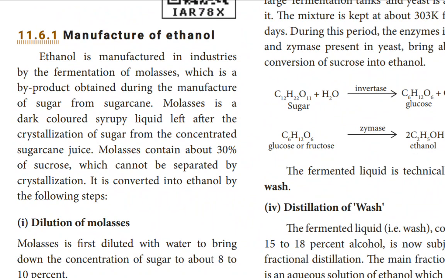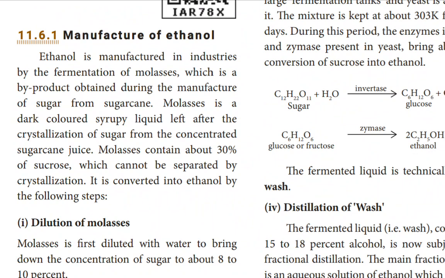Another simple one. Sugar molasses is a dark colored syrupy liquid left after the crystallization of sugar from the concentrated sugarcane juice. I already told you that in the sugar factory the sugarcanes are cut into pieces and crushed into juice. Actually that is going to be very black in color because of the dust particles and unwanted material.